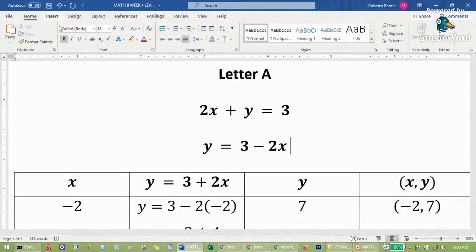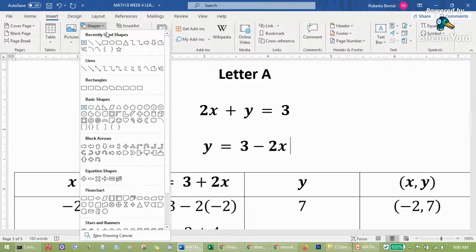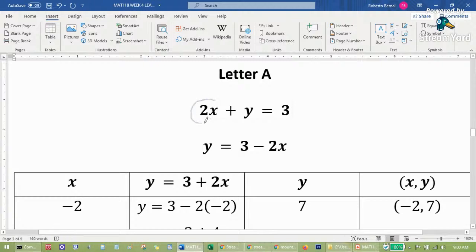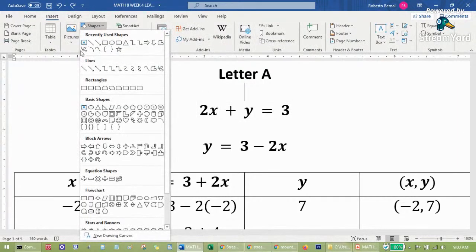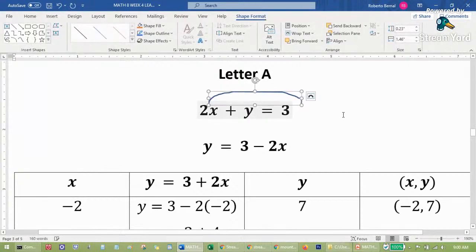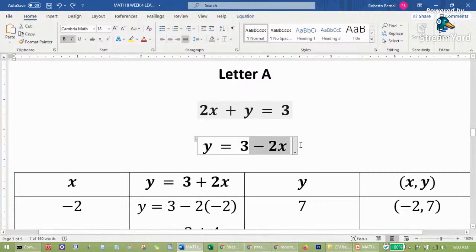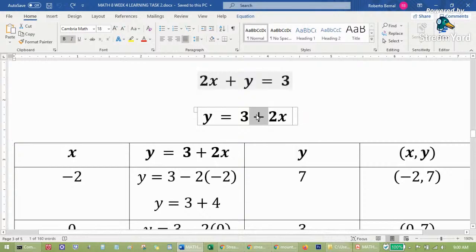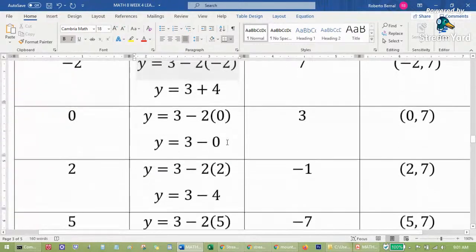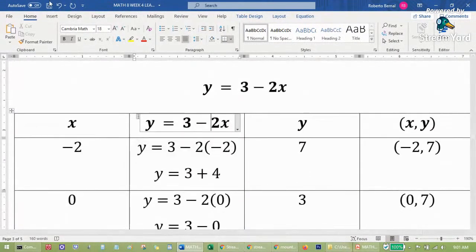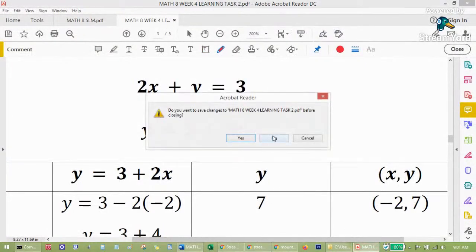Okay? Yun lang ang correction, no? Yun ang correction natin.